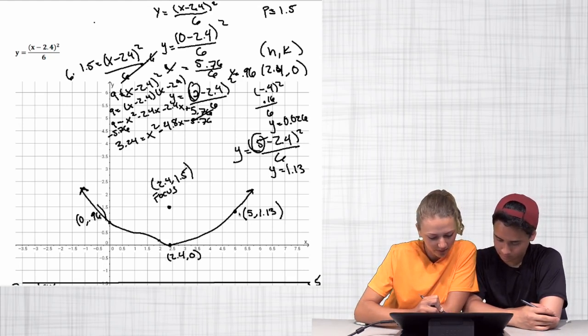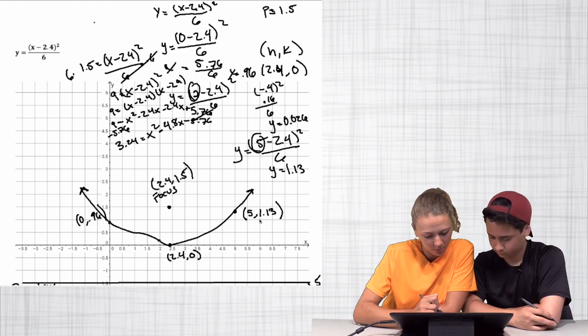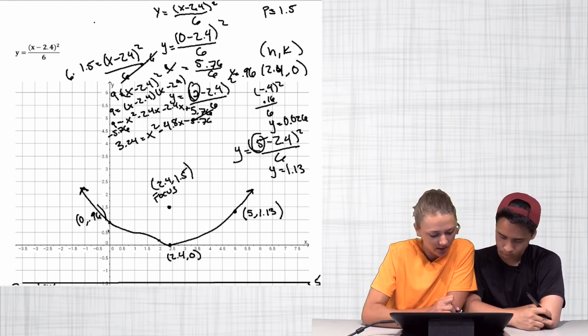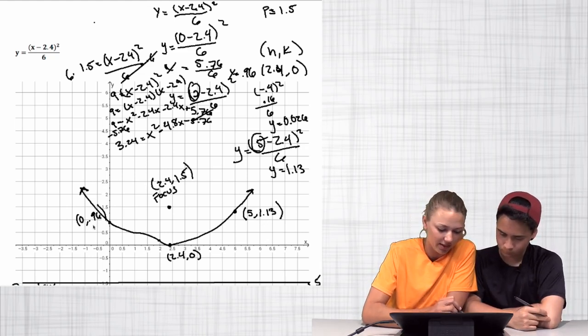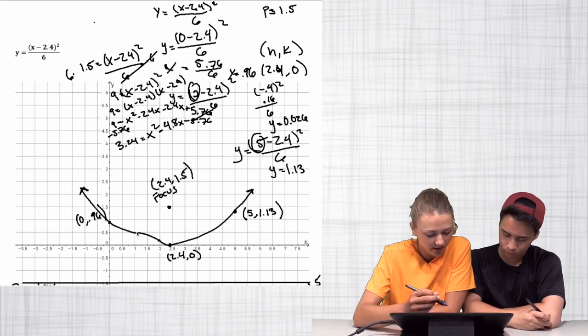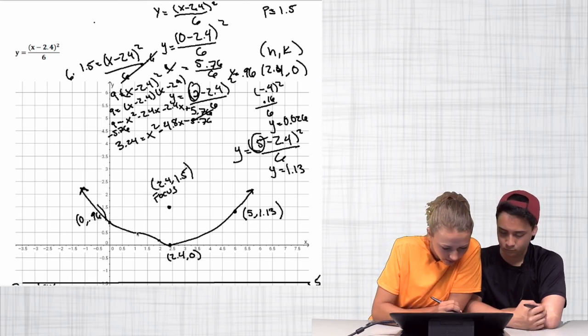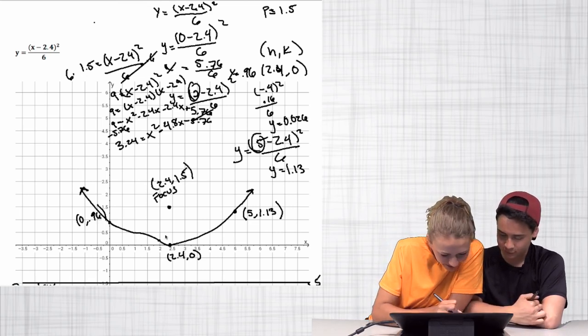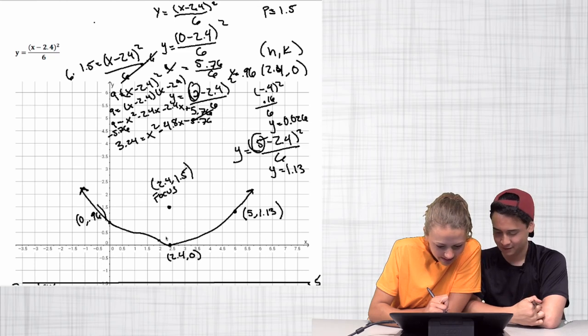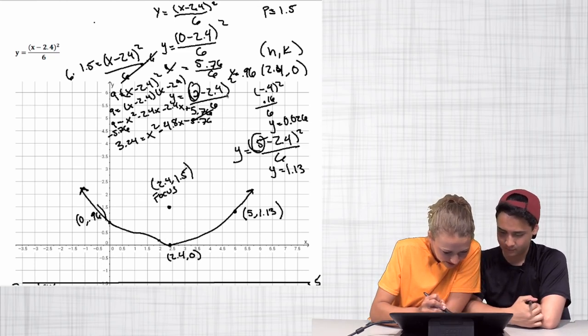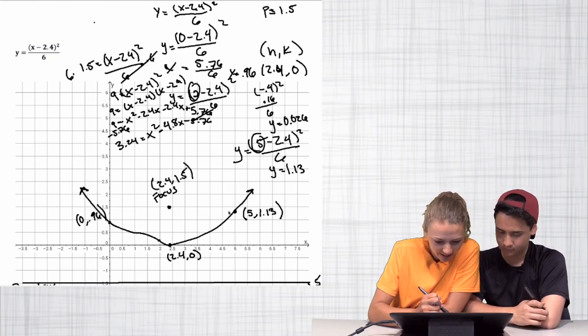And when I plugged in 5, I got the y as 1.13. And then I plugged in 0 at one point, so then I got 0.96. And for the 2 there, what's the labeled coordinate pair for that? I don't know which number it goes with. I lost track of where it went.